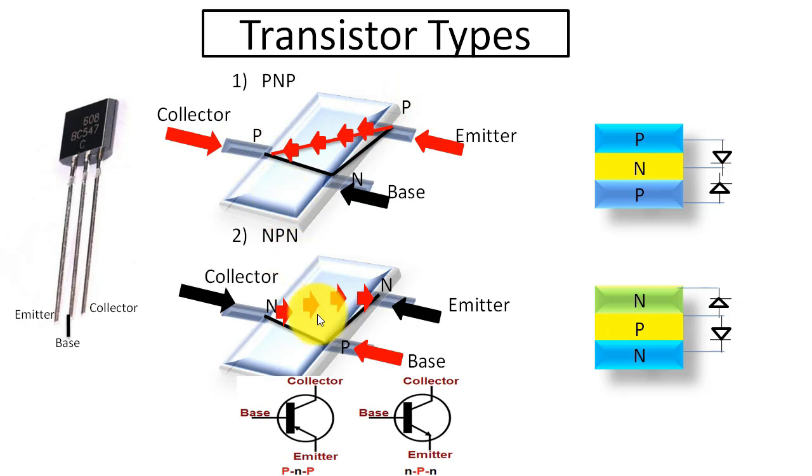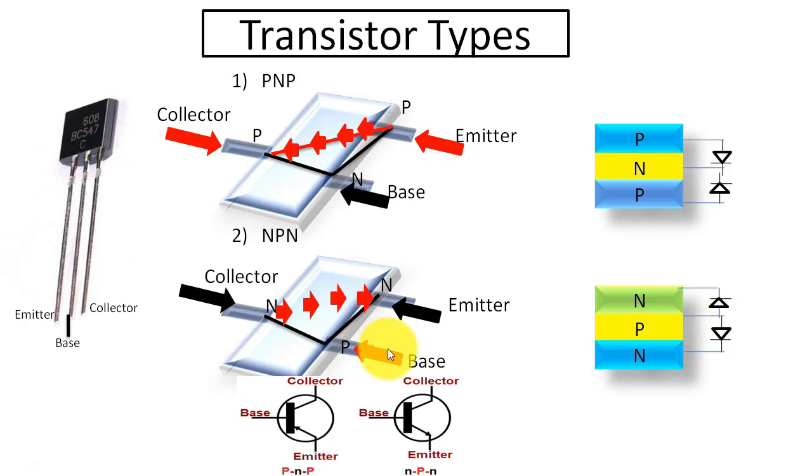And for the NPN transistor's internal structure, its collector and emitter pins are both N-type, and its base is P-type. You can also see its diode position. The collector and emitter pins are joined on the diode's cathode side as they are N-type, and its base position is on the anode side as it is P-type.